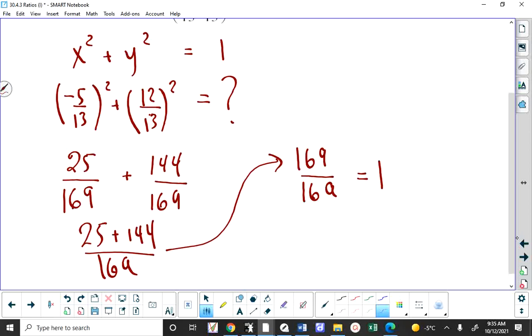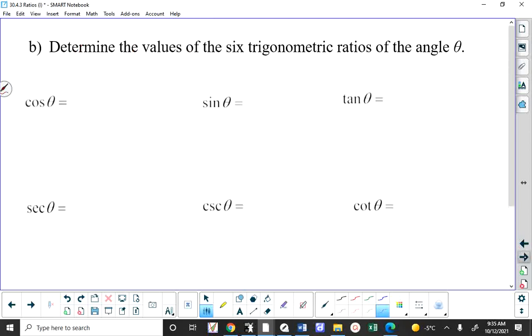The rest of this question is really quite simple. What are the values of the 6 trig ratios? Well, if it's on the unit circle, then r is 1. And that means that cosine is the x-coordinate, because r is 1. So the answer to the cosine is negative 5 over 13. Did I get it right? Was that the x-coordinate? It was. Thank you, Farhan.